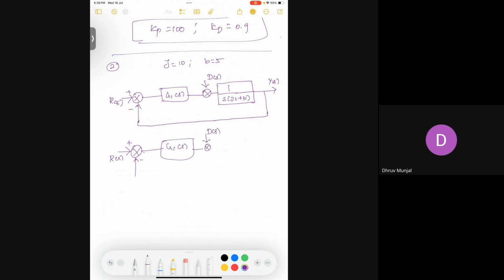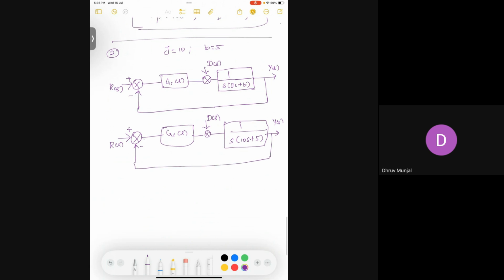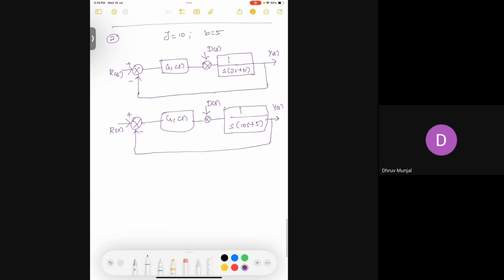G of S is 1 by S into 10S plus 5. Okay, it's a unity negative feedback system. The first subdivision they have asked is about the controller.